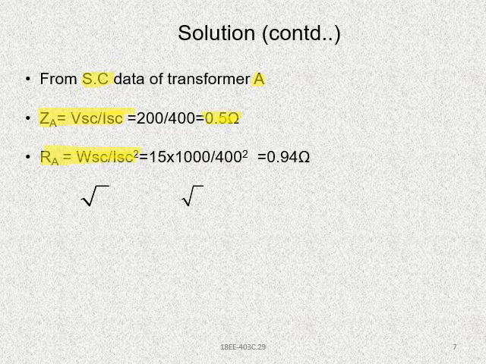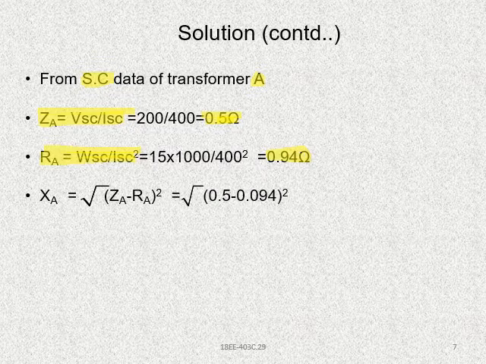So from that, since it is 15 kilowatts, 15 into 1000 by ISC square, 400 square, that gets 0.94 ohms. Now we have ZA and RA, and we can find XA easily. XA is equal to the square root of ZA squared minus RA squared.